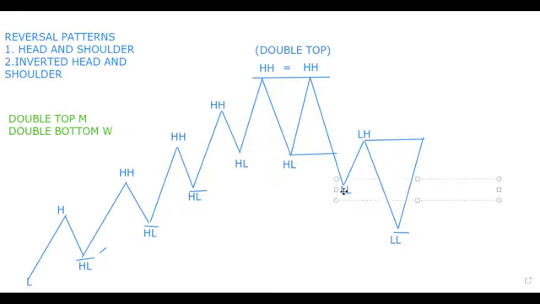So when we have this lower low here, this is lower than this low, then price keeps going down. So we have a low here, a lower high, then a lower low, right?